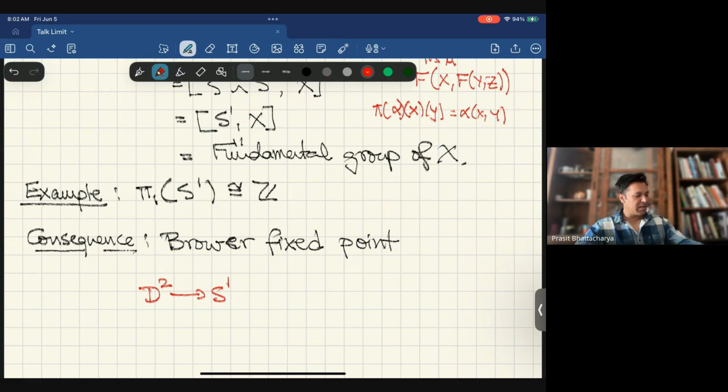Okay, any continuous map has a fixed point.